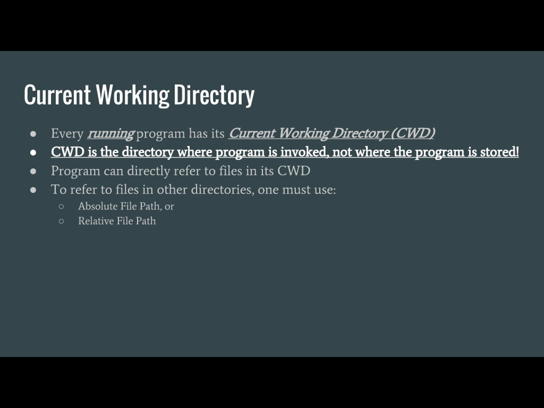Every running program has its current working directory, and it's decided by where the program is invoked, not where the program is stored. You'll see, we'll explain that later. Programs can directly read and write a file, or directly access the file, just by specifying the file name without any path, if it is in the current working directory.